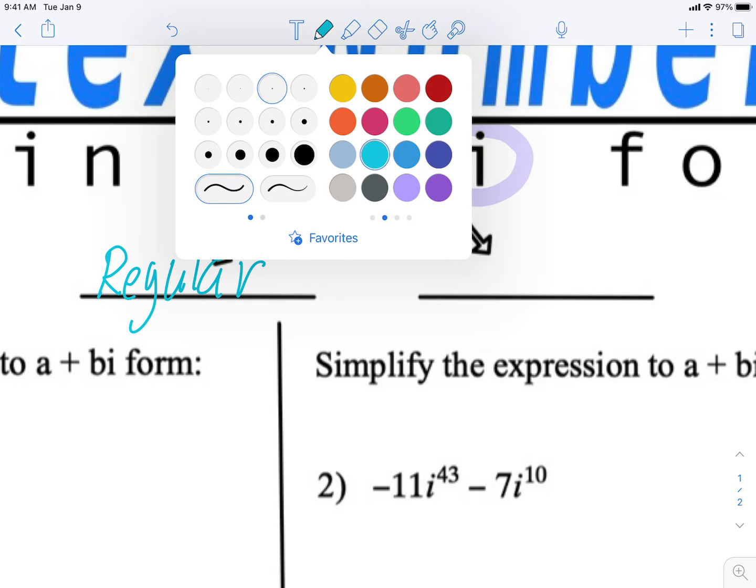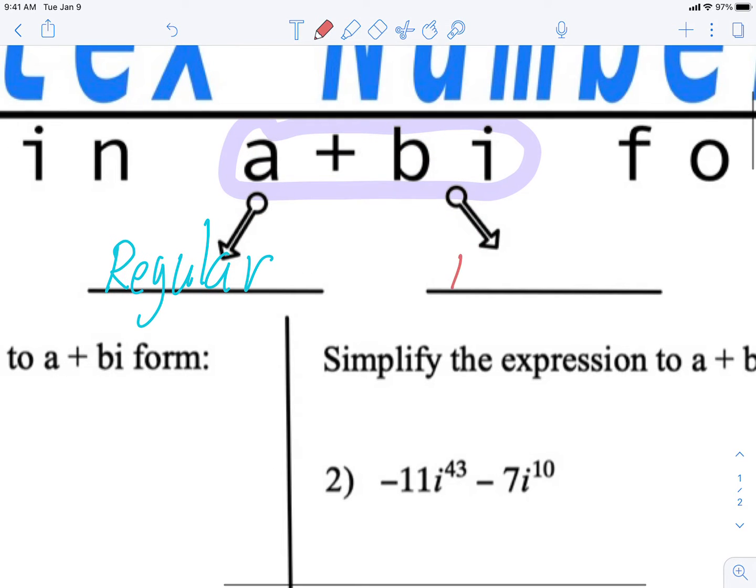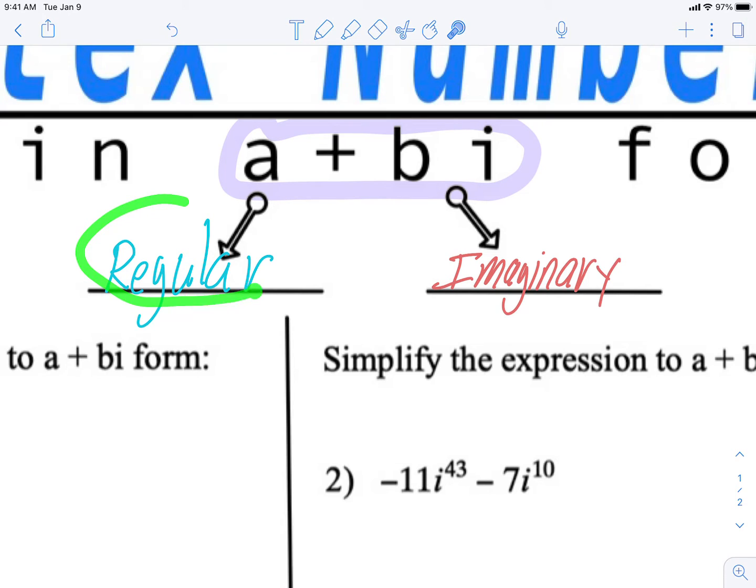And the second part is an imaginary number, right? So whenever we write, we always write regular number first. That's why A is first. Imaginary number second, BI. A plus BI.